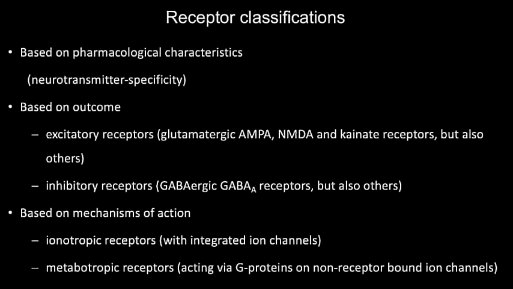So at the end, we must say that the transmitter receptors are influencing ion channels either directly or indirectly. And the introductory remark was that much of the energy metabolism is used for keeping the ion fluxes, or for keeping the membrane potential after excitation or inhibition again at the normal level.